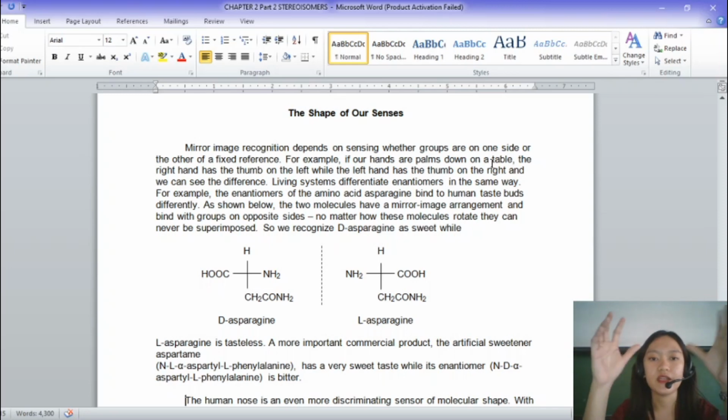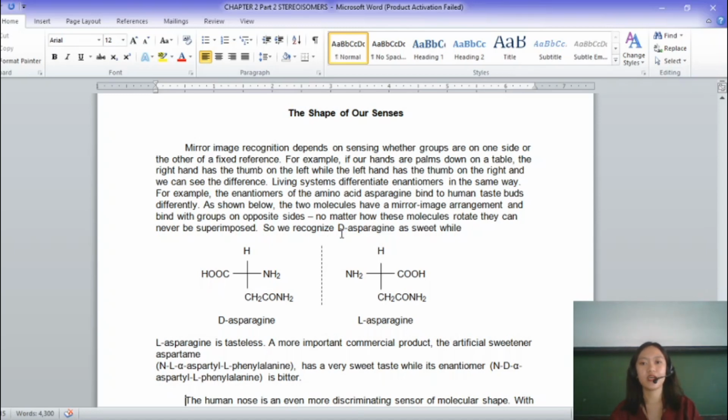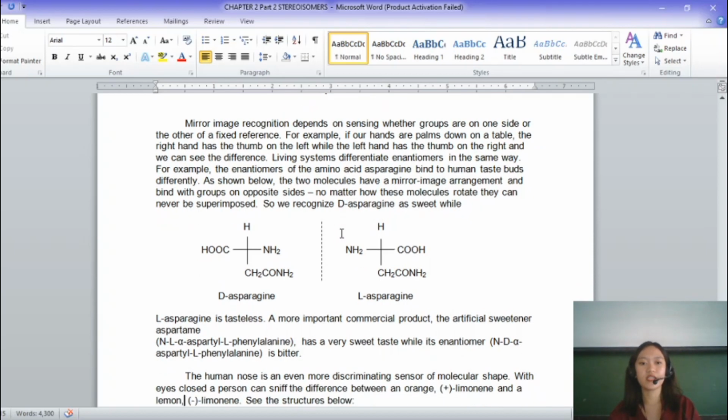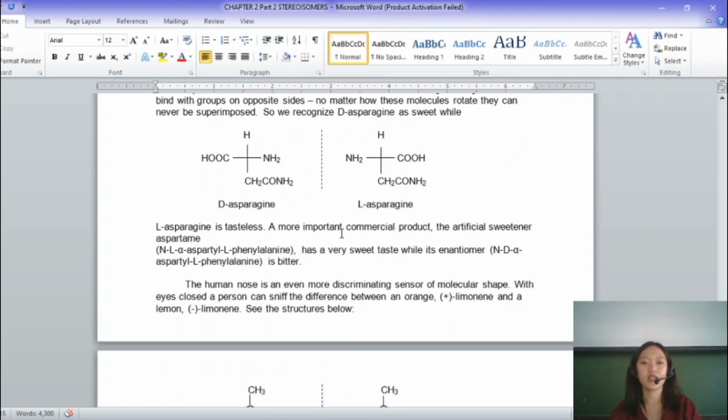For example, the enantiomers of the amino acid asparagine bind to human taste buds differently. As shown below, the 2 molecules have a mirror image arrangement and bind with groups on opposite sides. No matter how these molecules rotate, they can never be superimposed. So, we recognize the D-asparagine as sweet, while L-asparagine is tasteless.